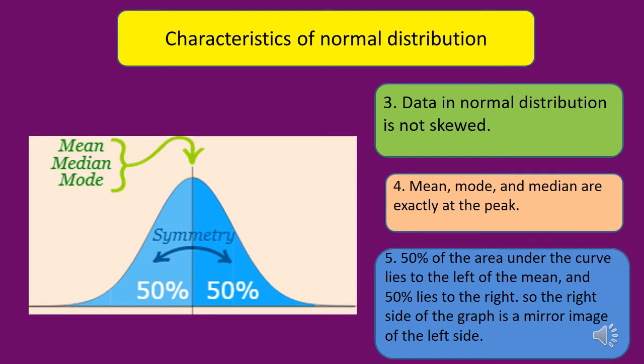Therefore, the right side of the graph is a mirror image of the left side, exactly equal. That is called symmetry. This graph is exactly symmetrical because half of the data is on the left side and the other half of the data is on the right side.